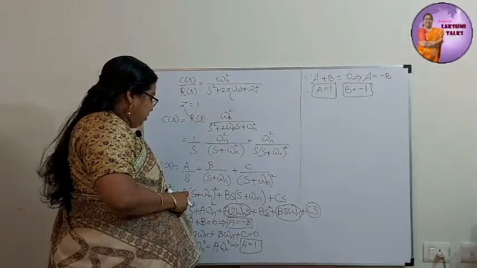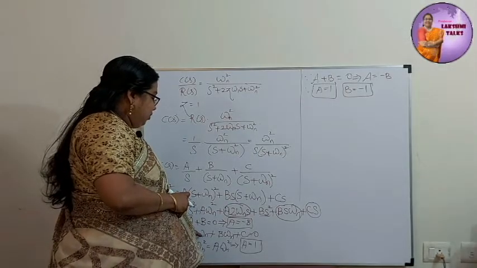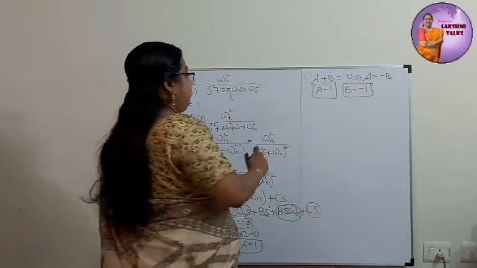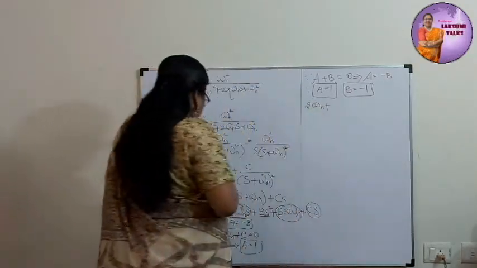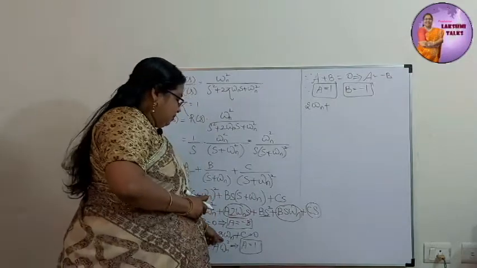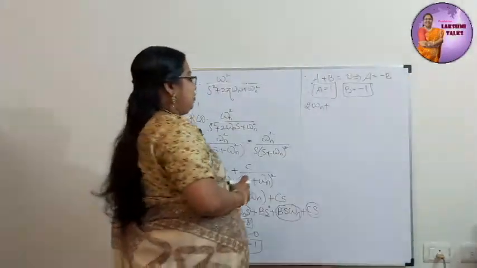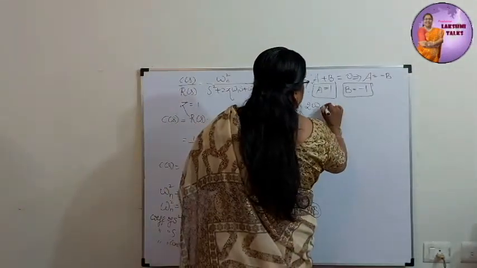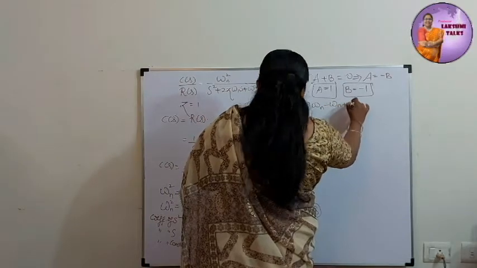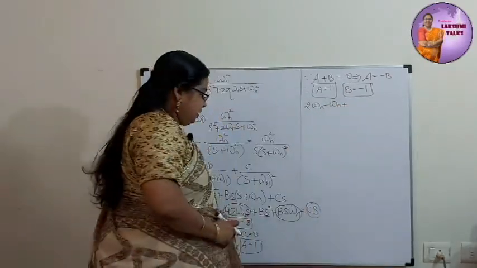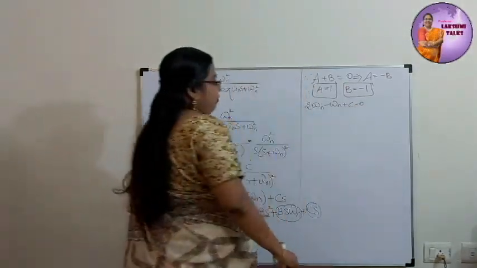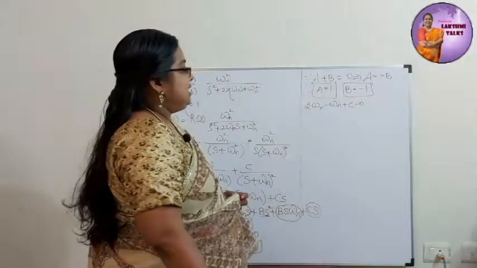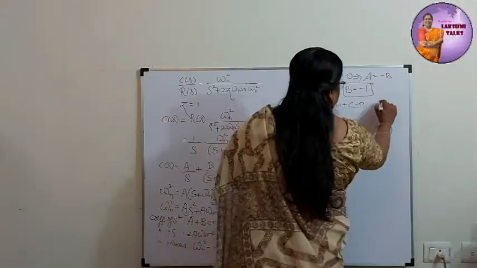So what is it? 2 a omega n, so 2 omega n plus b is minus 1, minus omega n, plus c is equal to 0. So from here we can see that c is equal to minus omega n.